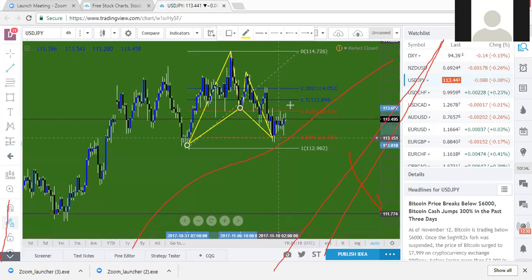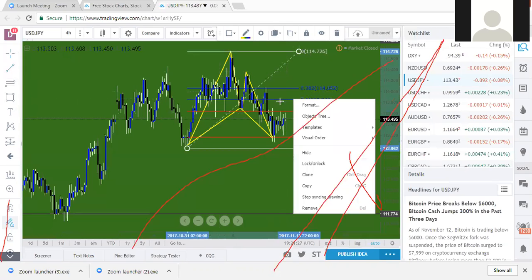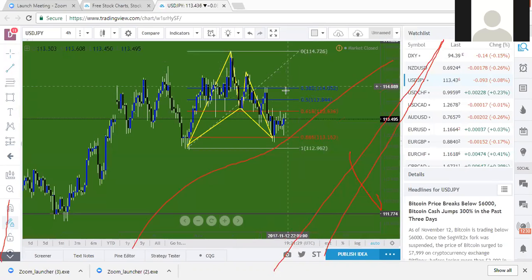So you can see price is on its way up, maybe even to look for entries to the upside this week.